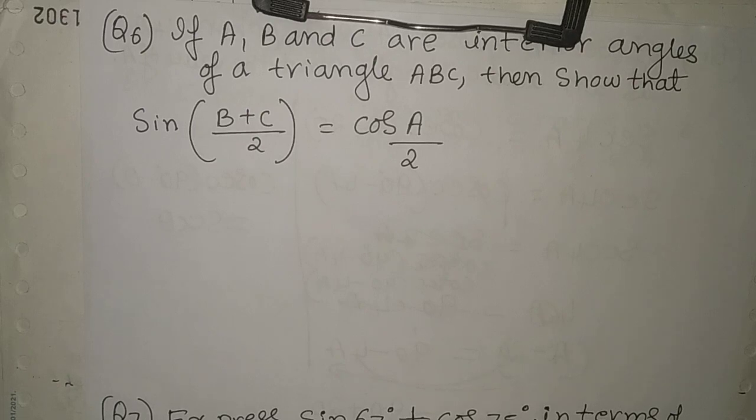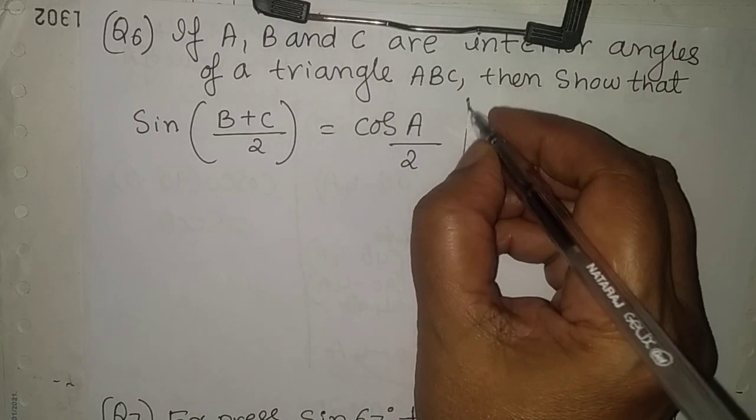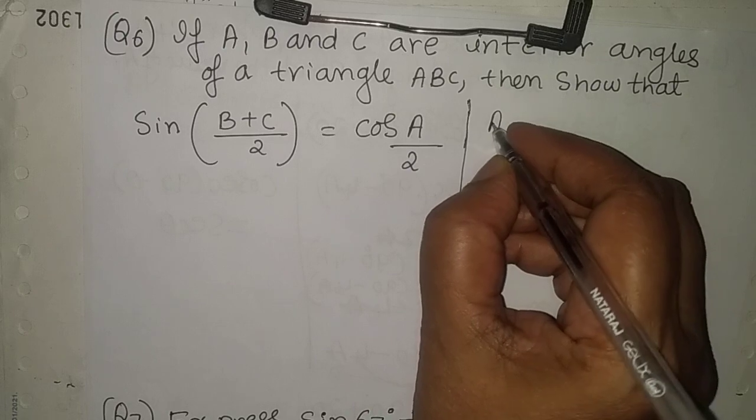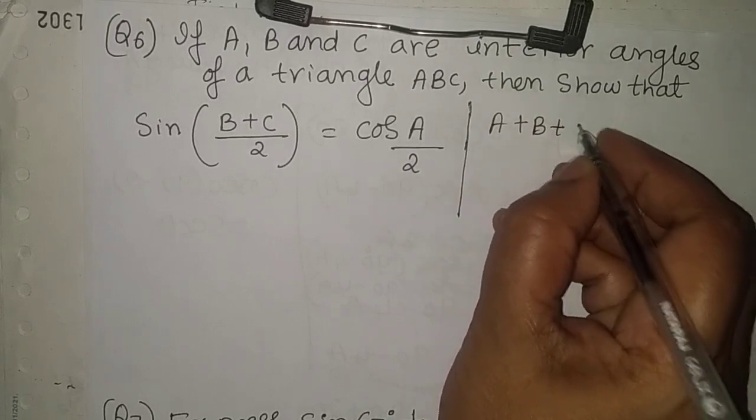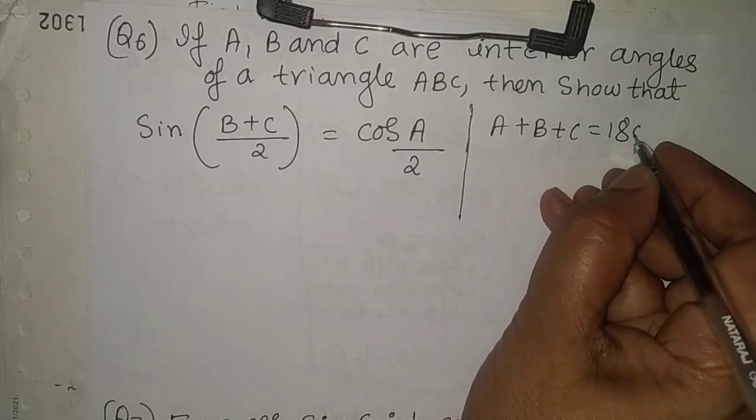What is the sum of interior angles of the triangle? A plus B plus C is equal to 180 degrees.